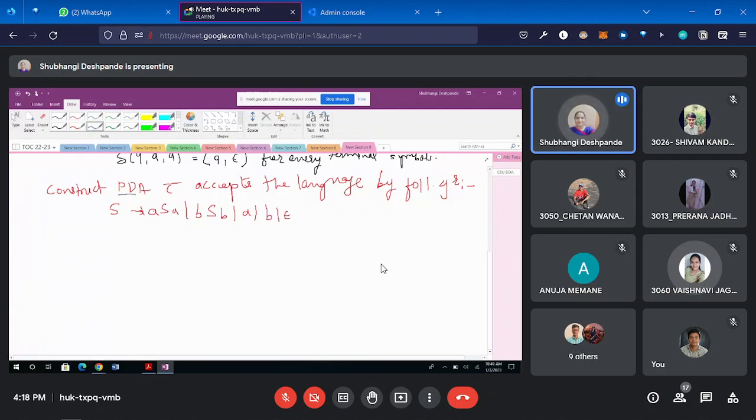There are two rules, one for non-terminals and one for terminals. You know them. So first of all, initially we will have a stack, and then for each production, how are you going to write it?